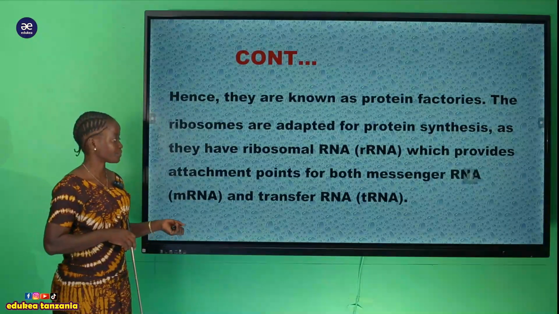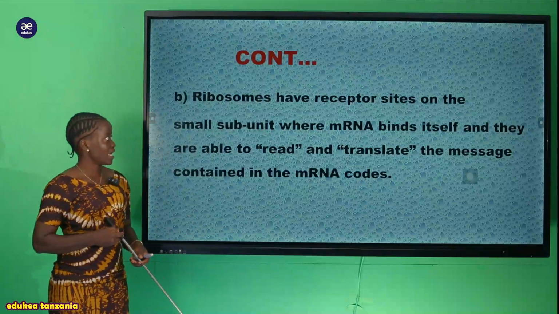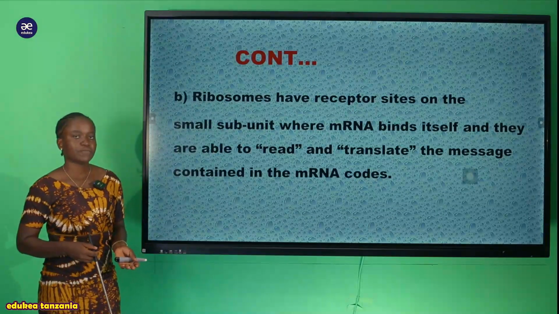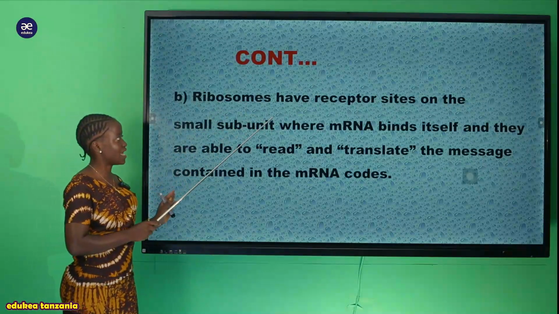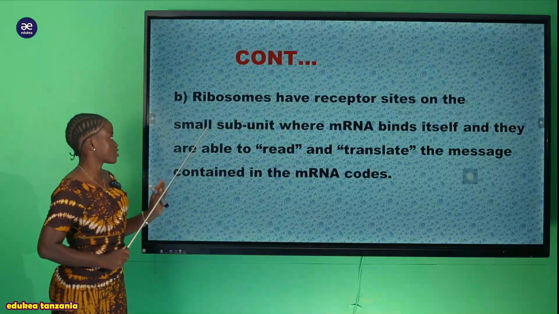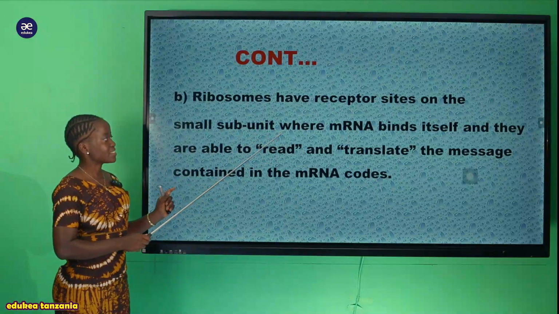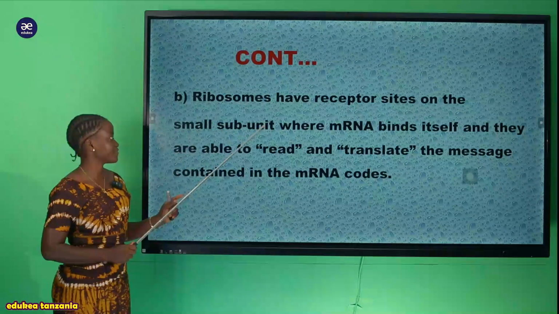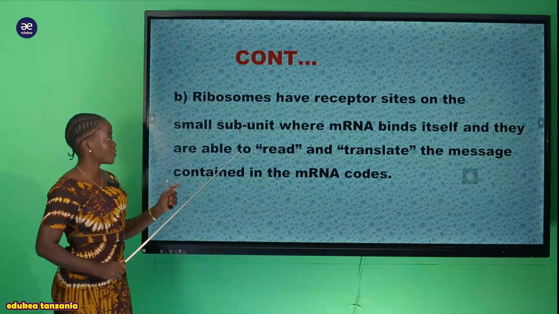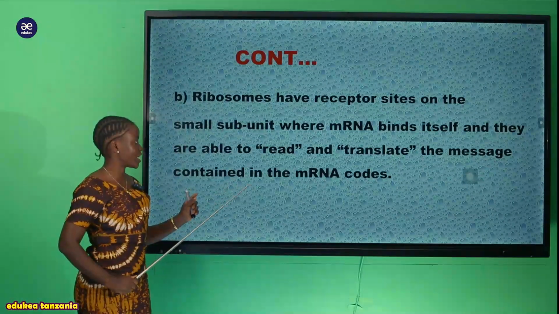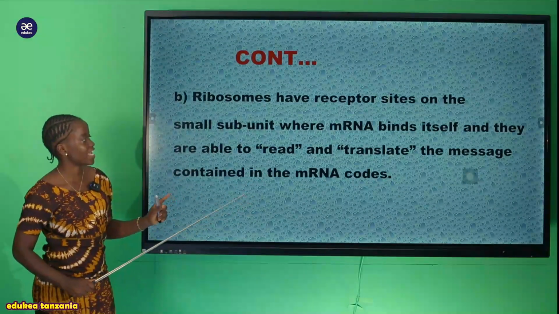And that's all. Another function of the ribosome is that ribosomes have receptor sites on the small subunit where messenger RNA binds itself, and they are able to read and translate the message contained in the messenger RNA codes.